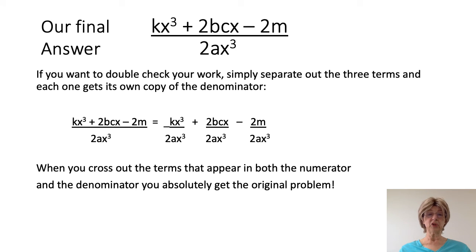When you cross out the terms that appear in both the numerator and the denominator, you get the original problem, which means you've done it correctly.